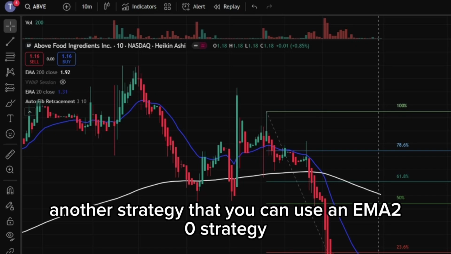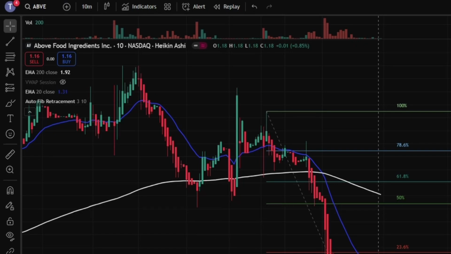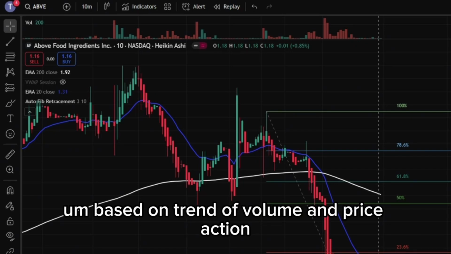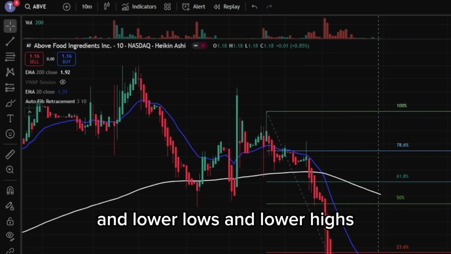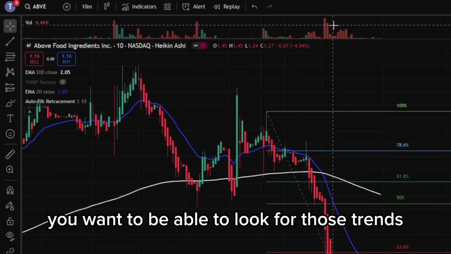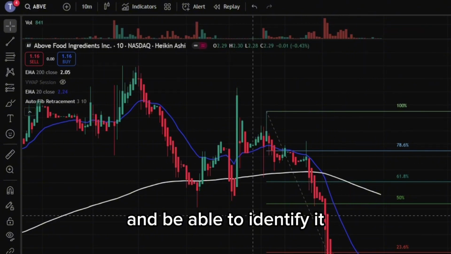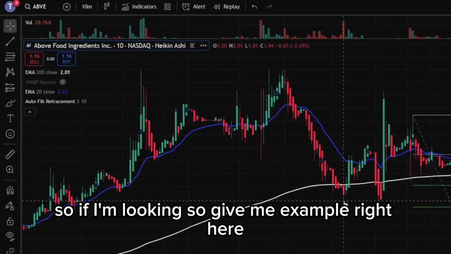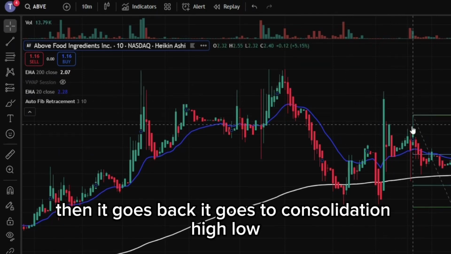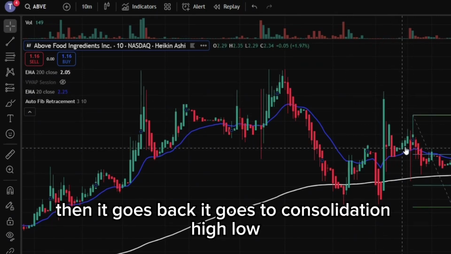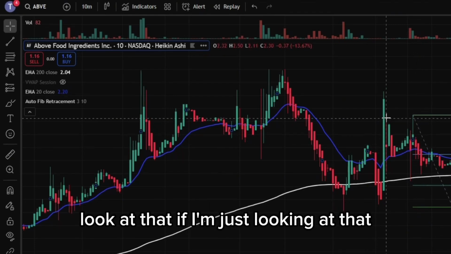Another strategy that you can use, an EMA 20 strategy, based on trend of volume and price action. That's where you want to see higher highs and lower lows, or lower highs and lower lows. You want to be able to look for those trends and identify them. So give me an example right here. I see this is a low, high, then it goes back to consolidation, high, low. Look at that.